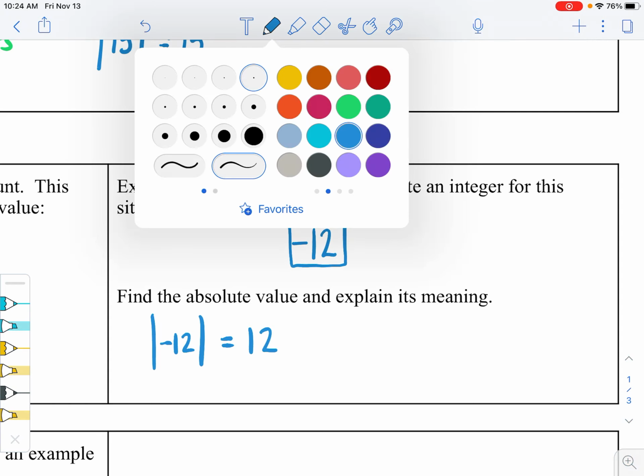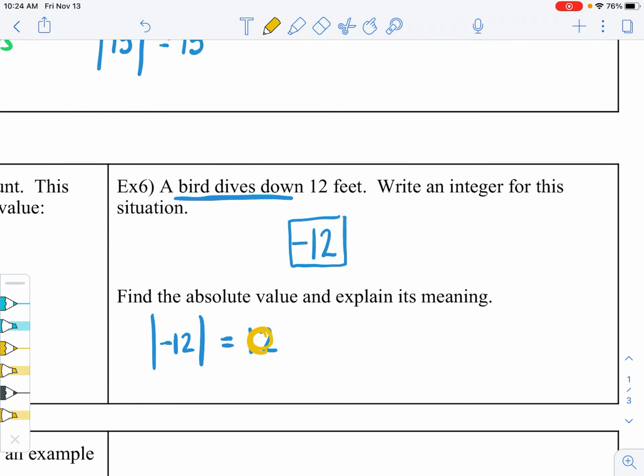And explain its meaning. What is the meaning behind the number 12? Well, 12 was how much the bird moved. It dove down 12 feet. Okay?